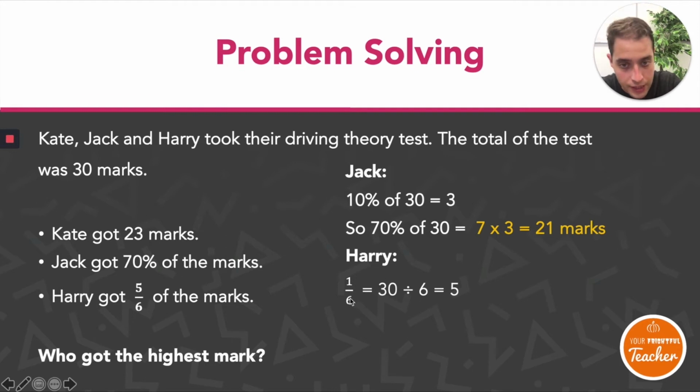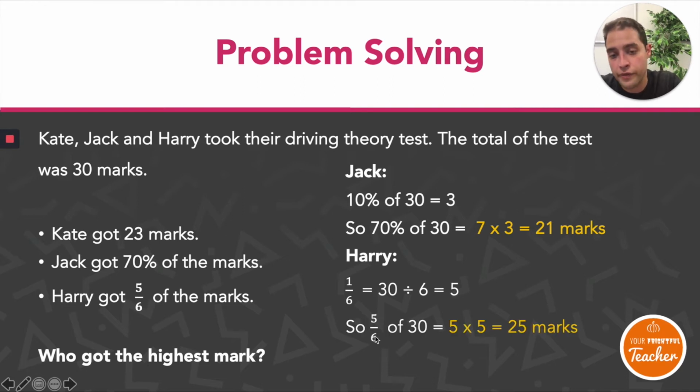So dividing it by that bottom number, that's why it's divided by 6 here, gives me the 1/6 value, which is 5. So if it's 5/6 that I need to work out, then I just need to do 5 times 5. So I'm doing 5 times 5, which gives us 25 marks.